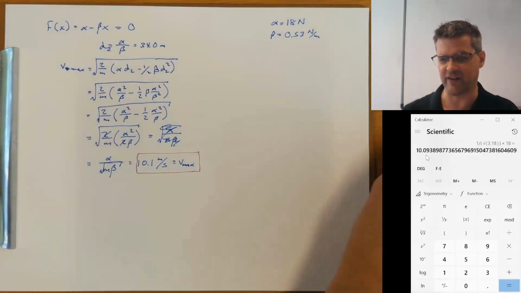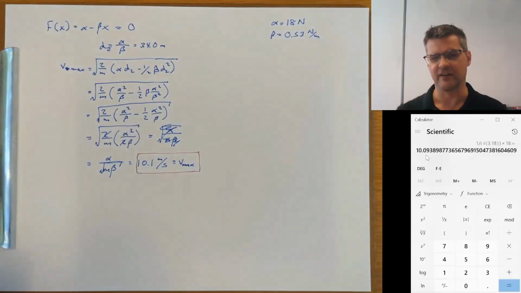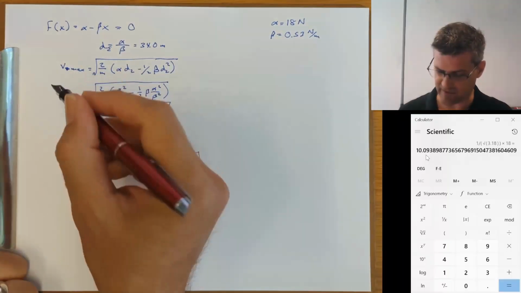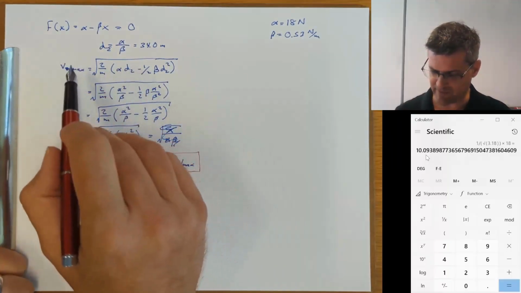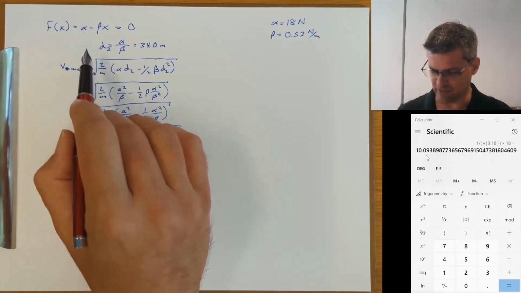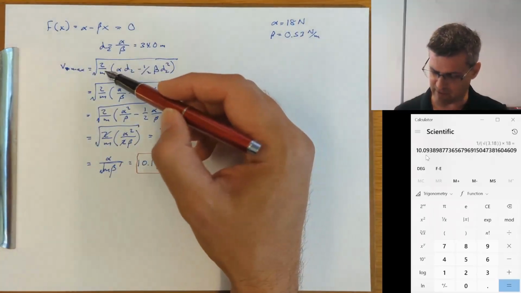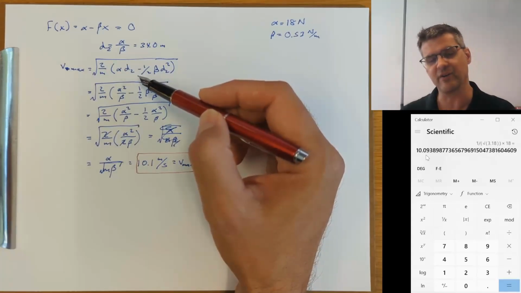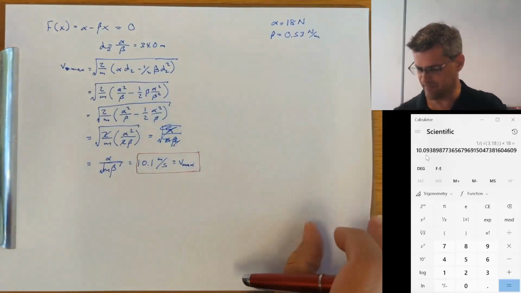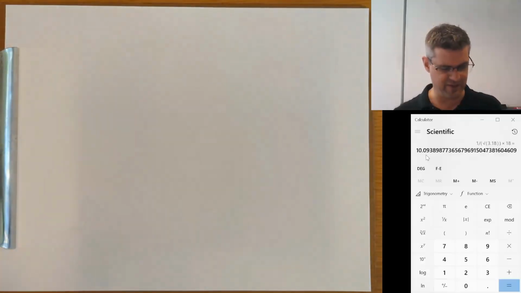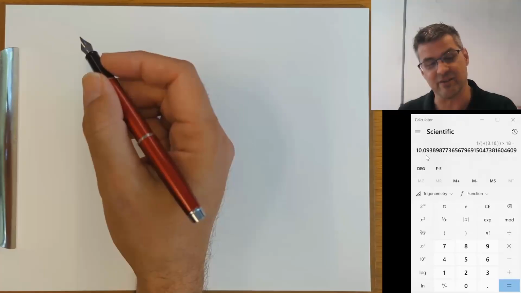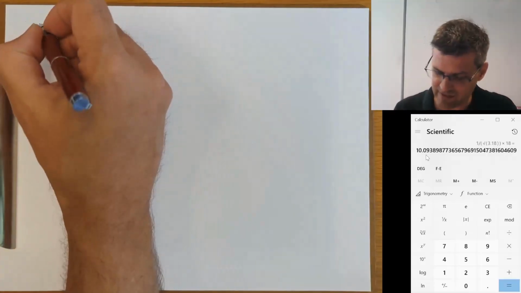What if we wanted to find out what position allows the velocity to go to 0 again? We could actually do an expression of figuring out where the velocity goes back to 0 again. But I know from the work kinetic energy theorem that when the net work that has been done is equal to 0, then the velocity hasn't changed. If it starts at 0 velocity, it ends at 0 velocity.